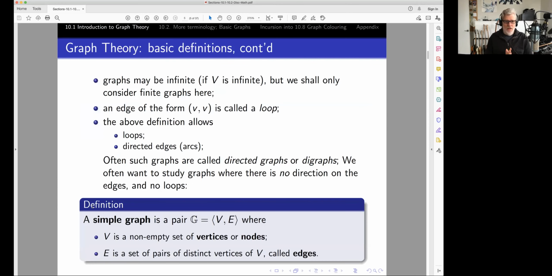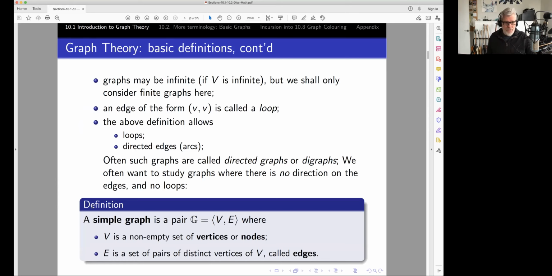As I said, there's no reason not to consider infinite graphs. I have friends who wrote a lot of papers on infinite graphs, and there's a lot of interesting stuff there. But obviously, from a computer scientist's point of view, they are not as common or as interesting. So here we're going to consider only finite graphs.